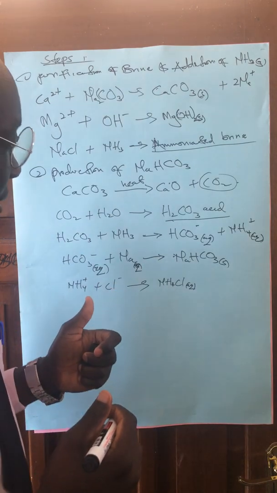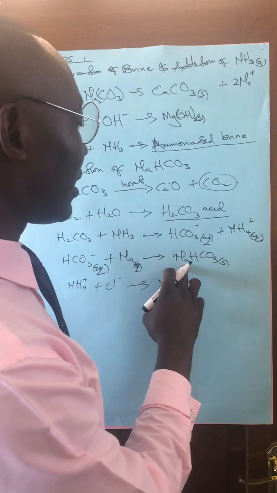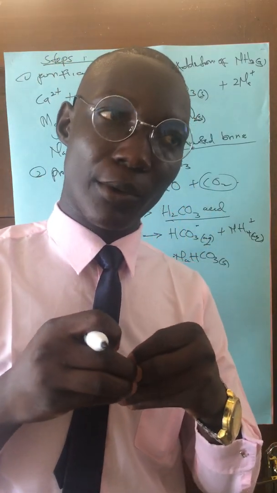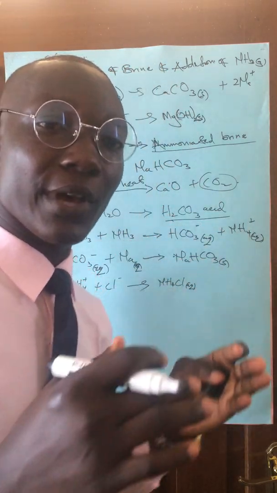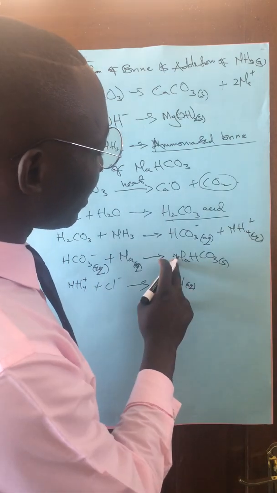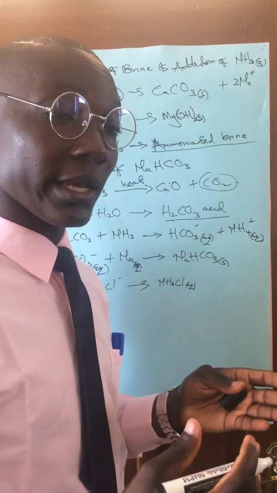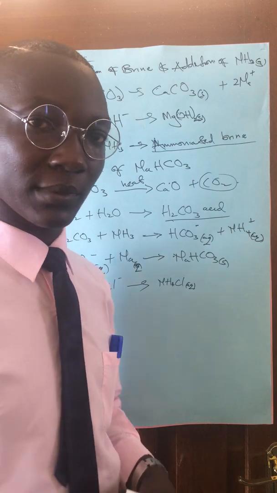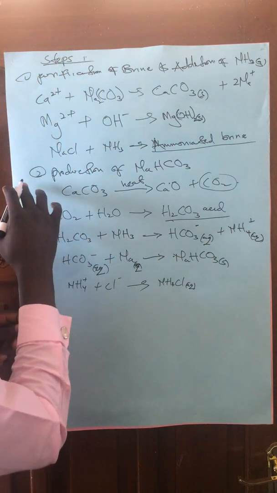So already we have ammonium chloride and sodium hydrogen carbonate. What do we do? They are combined. We cool it to 0 degrees Celsius so that we can form sodium hydrogen carbonate as crystals and ammonium chloride as filtrate. With this, we are done with step number 2.